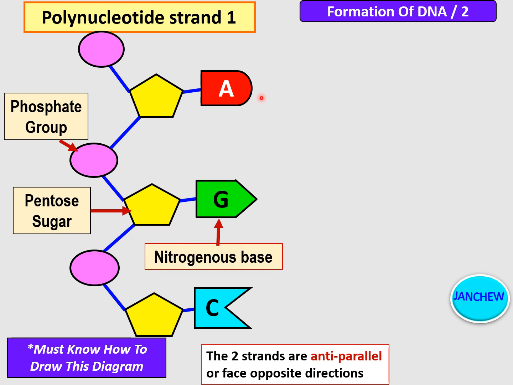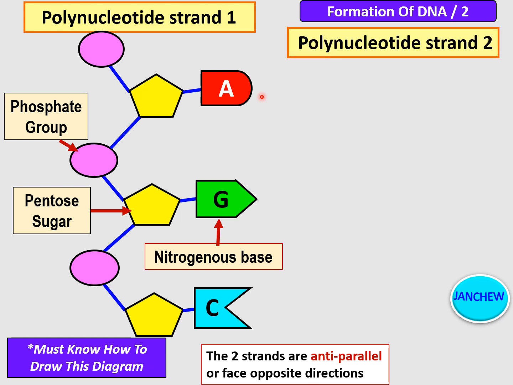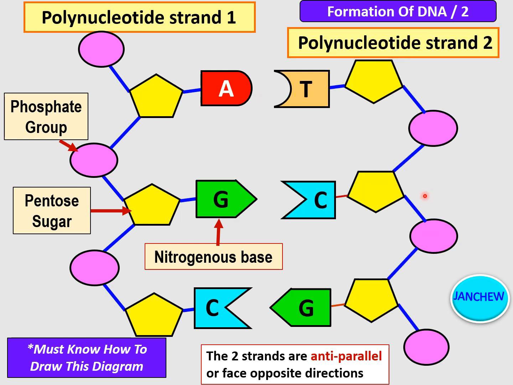Now, the second polynucleotide strand is joined like this to the first one. Hydrogen bonds are formed between the bases from the two strands. Black lines represent the hydrogen bonds. Adenine forms two hydrogen bonds with thymine, and guanine forms three hydrogen bonds with cytosine.